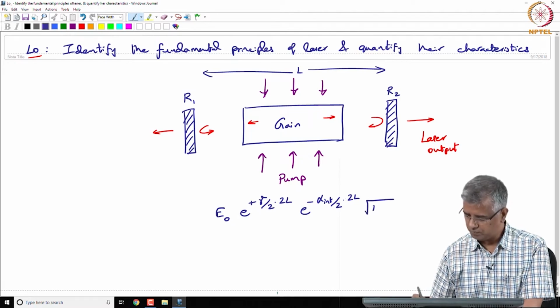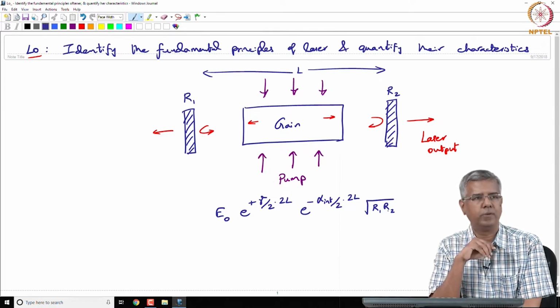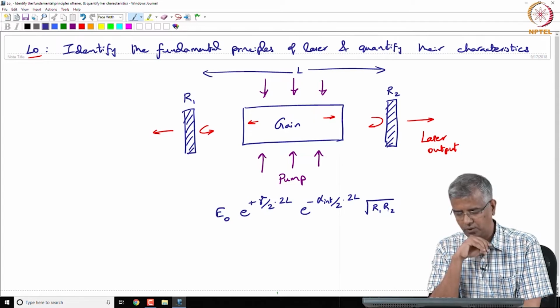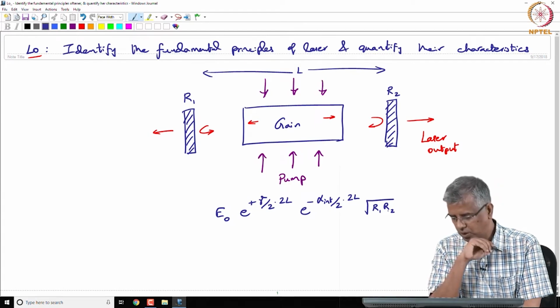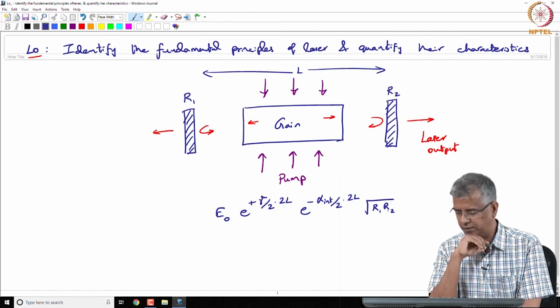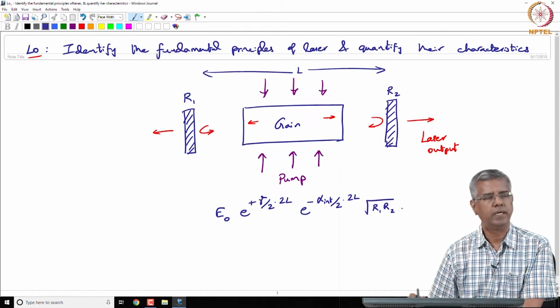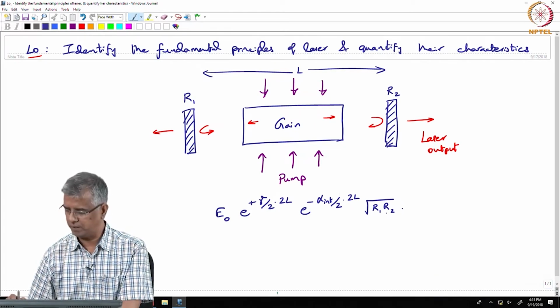So, only root of R1, which corresponds to the reflection coefficient for mirror 1, and root of R2, which corresponds to the reflection coefficient for mirror 2, is sustained in the cavity. And then of course, it accumulates phase as it is traveling within the cavity.